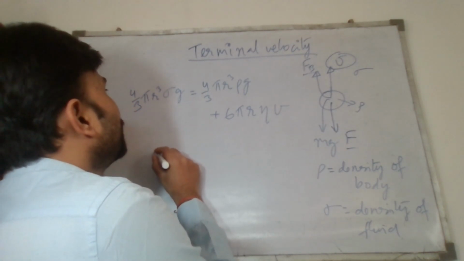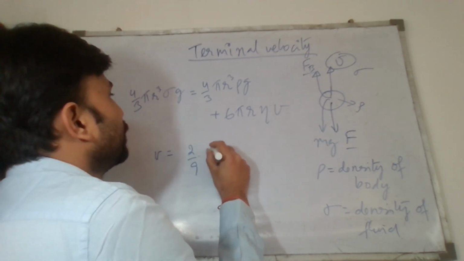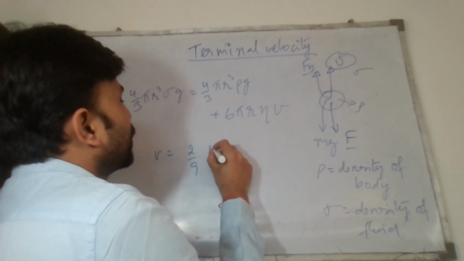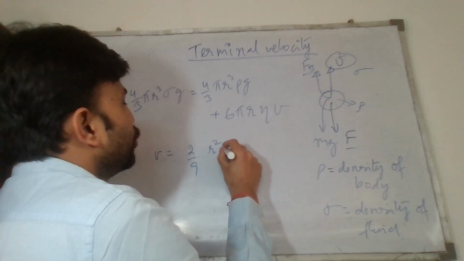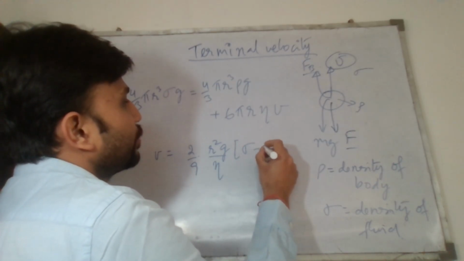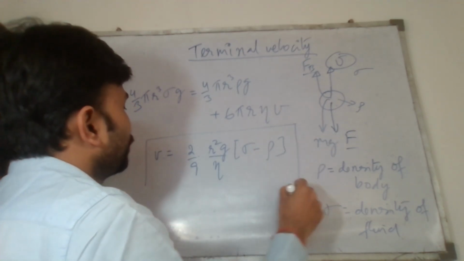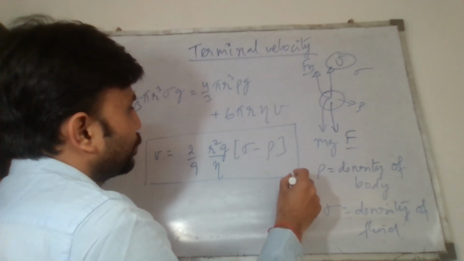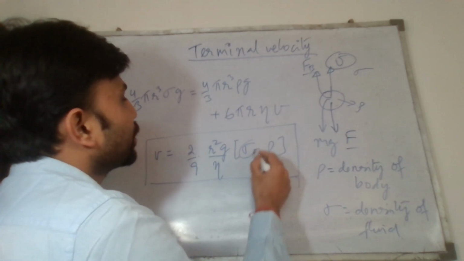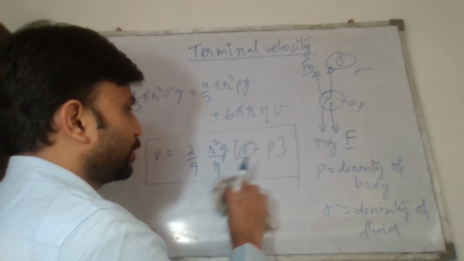So this value v comes out to be 2 by 9 r square g by eta, sigma minus rho. So this sigma is called the density of the fluid, like I said.